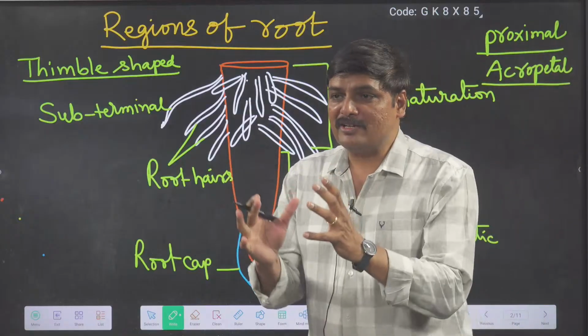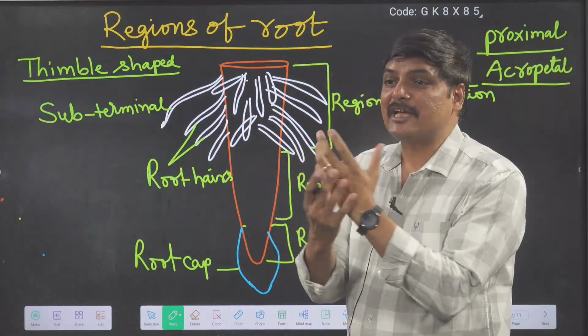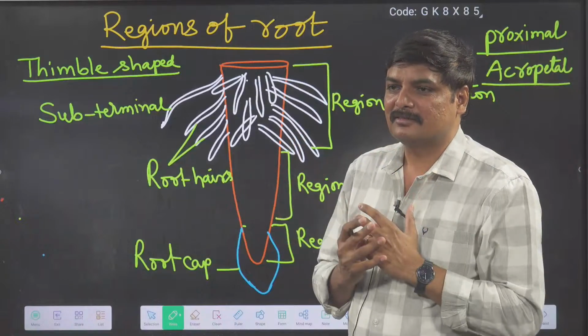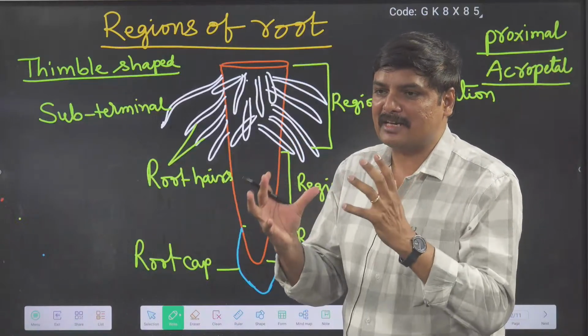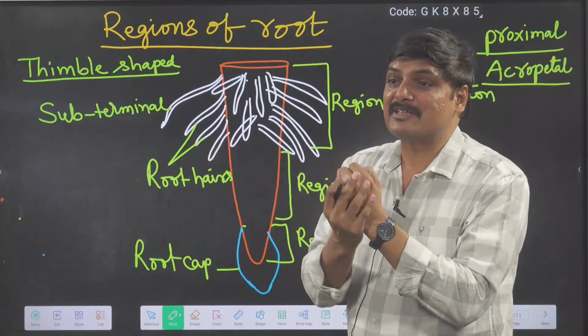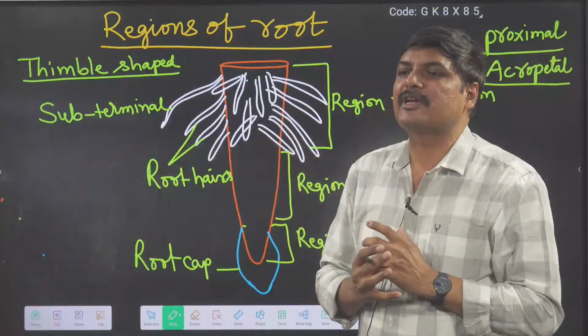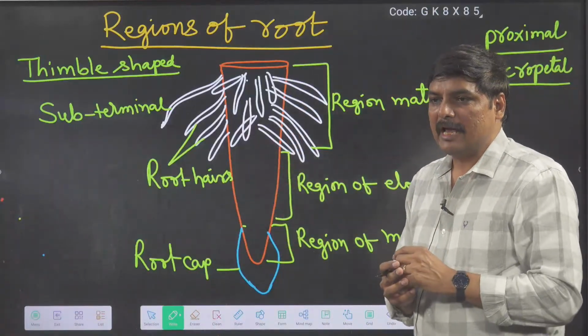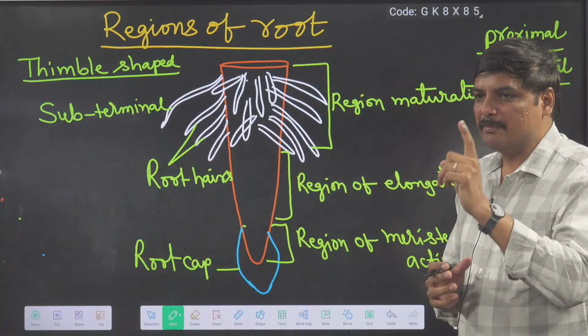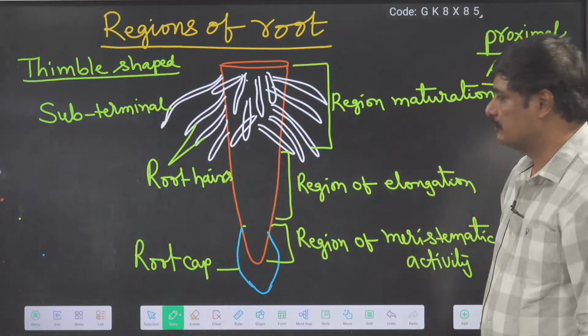And in some plants, multiple root caps may be present. For example, Pandanus contains multiple layers of cap. That is called multiple root cap.